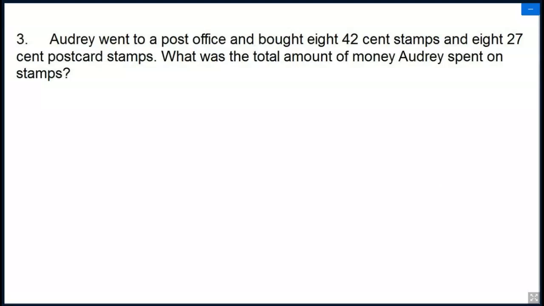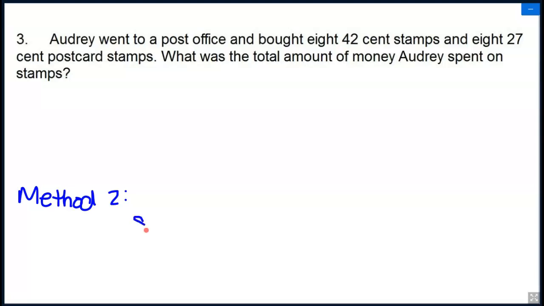Okay, next, Audrey goes to the post office. She bought 8 42-cent stamps and 8 27-cent postcard stamps. What was the total amount of money Audrey spent on stamps? So again, this one I feel like almost sets you up for method 2.